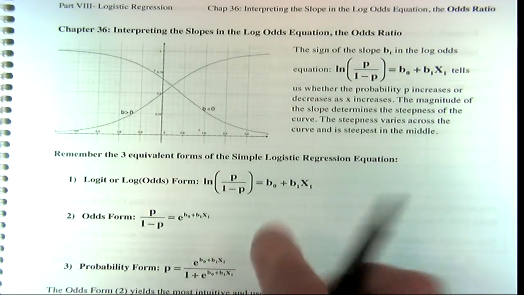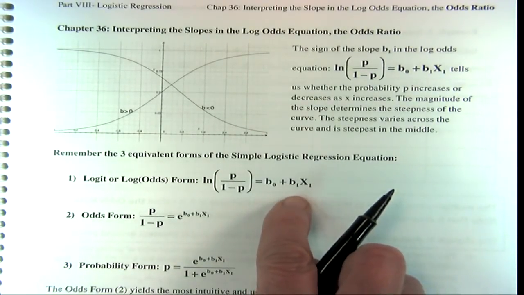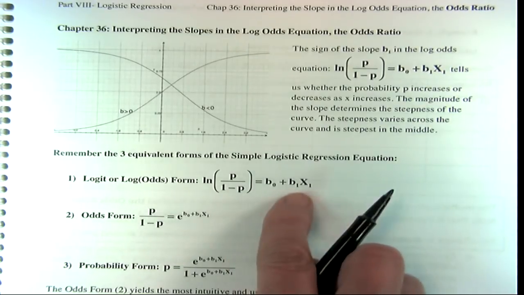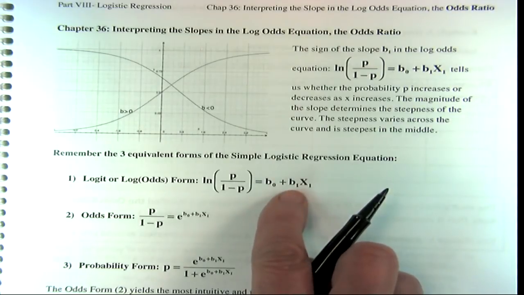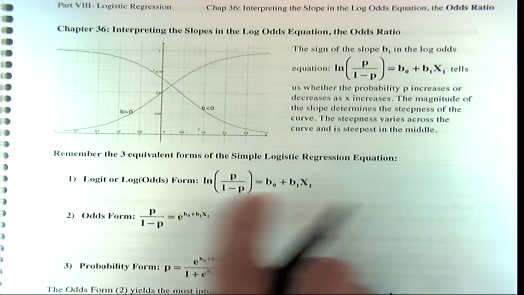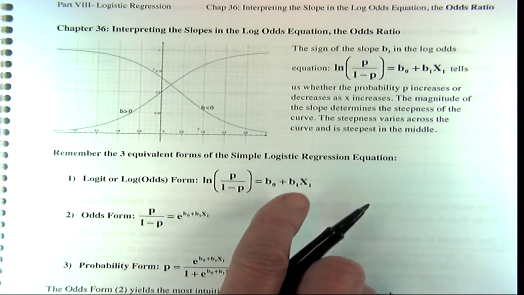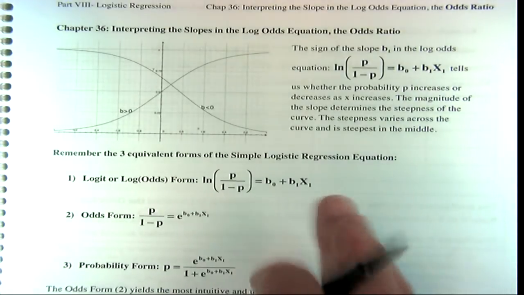And if you look at this one, what does the slope mean? This says in the log odds equation we have our regular slope, so it's just a linear equation. So the log of the odds changes by a fixed additive amount, right?